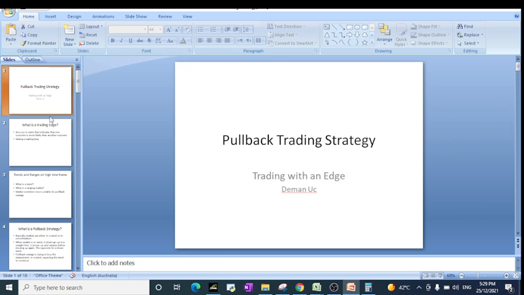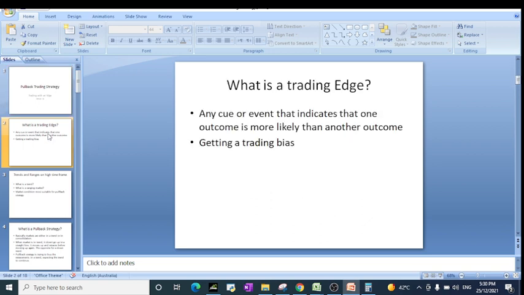So before we get into it, you hear a lot of people talking about how, for you to trade, you need to have an edge. So what exactly is a trading edge, and how do you get an edge?